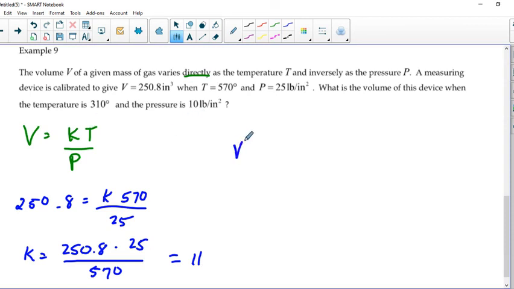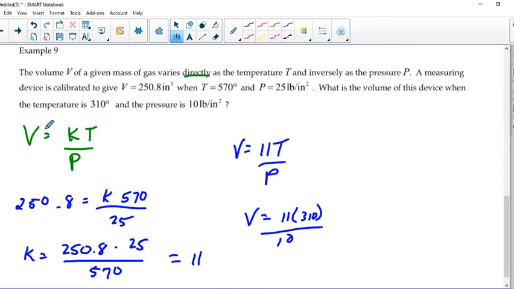What is the volume of this device when the temperature, there's my new equation, what's the volume of the device when the temperature is 310 degrees and the pressure is 10 pounds? Okay, so volume, 11 times 310 divided by 10. What do we expect to happen? Well, let's look. The pressure went down. So inversely, I would expect the volume to go up. They have an inverse relationship. The temperature went down, and the temperature and the volume have a direct relationship.